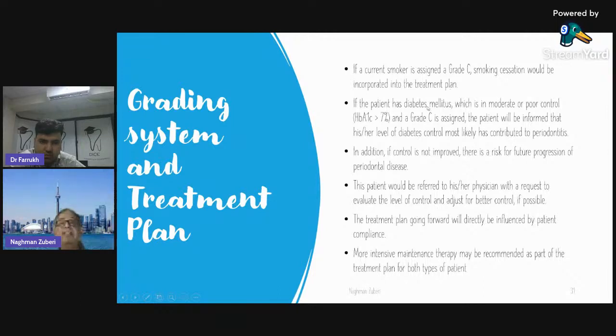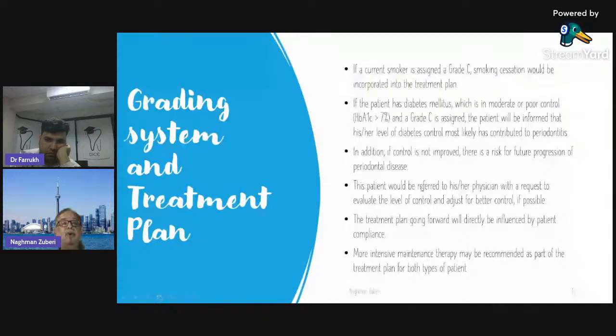If a patient has diabetes mellitus which is in moderate or poor control, meaning the HbA1c is above 7%, and a grade C is assigned, the patient will be informed that their level of diabetes control most likely has contributed to periodontitis. In addition, if control is not improved, there is a risk for future progression of periodontal disease.